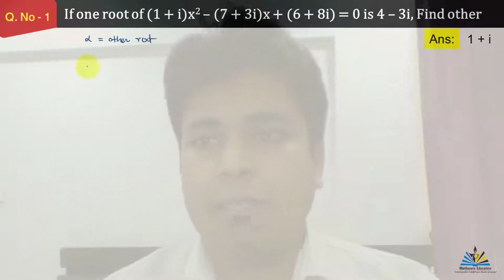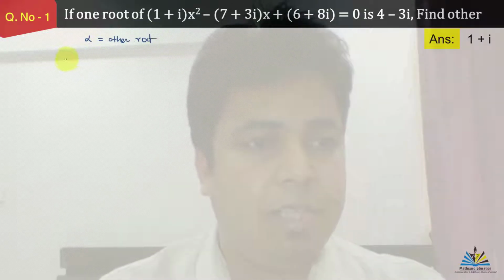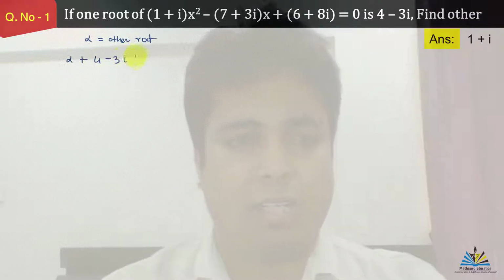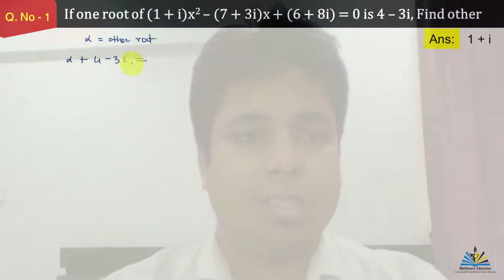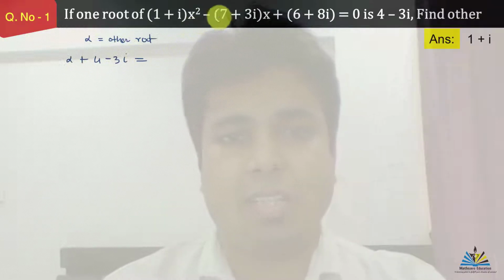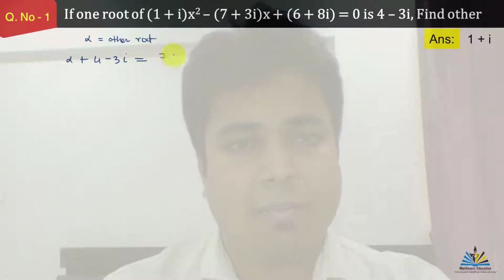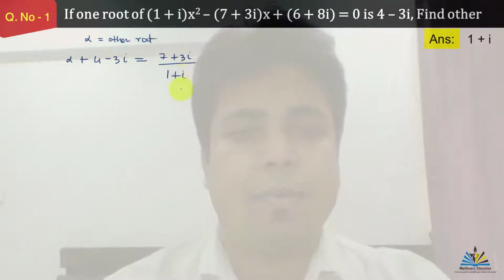So what we will have is alpha plus 4 minus 3i is equal to the sum of the roots, minus b upon a. So minus and minus, it is 7 plus 3i upon 1 plus i.